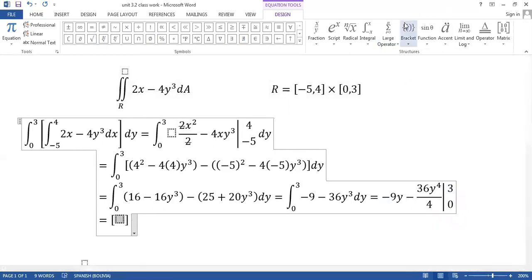Let me put in another parentheses just to make sure.